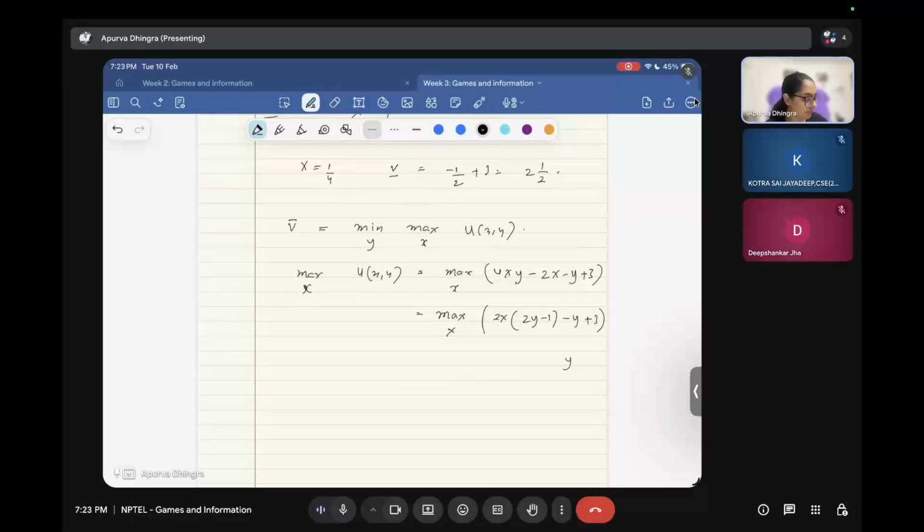Now it depends on what is the value of y. If y is greater than half, then this quantity would be positive, and we are maximizing, so it is helpful to take x to be 1, which would reduce to 2x.